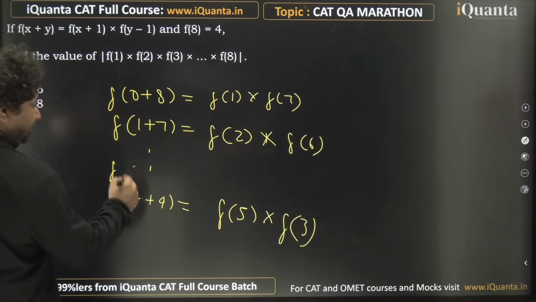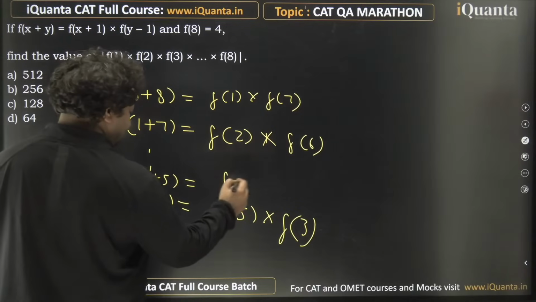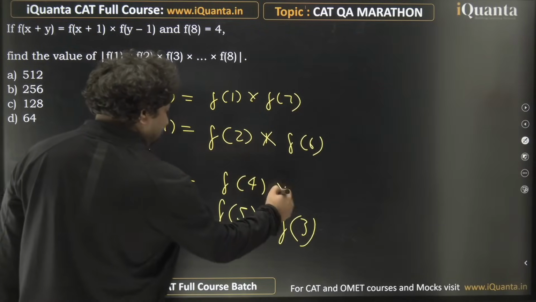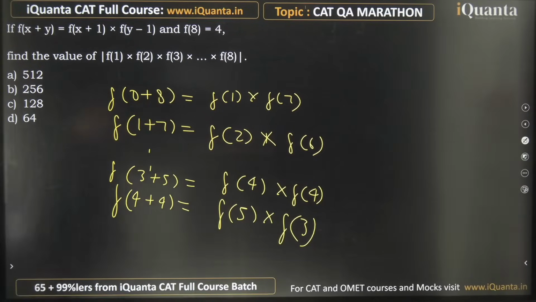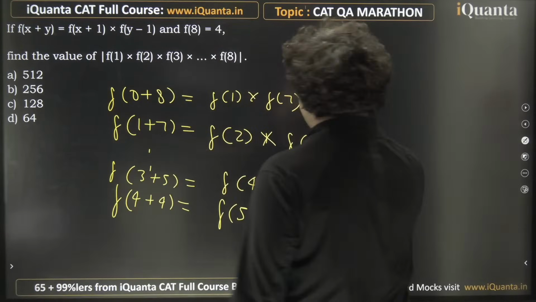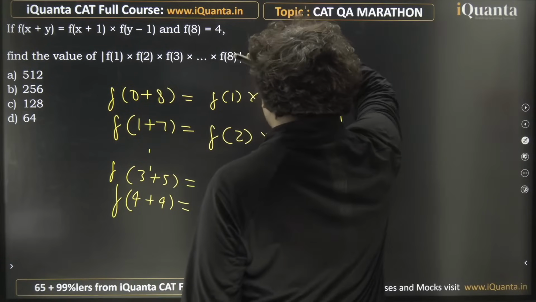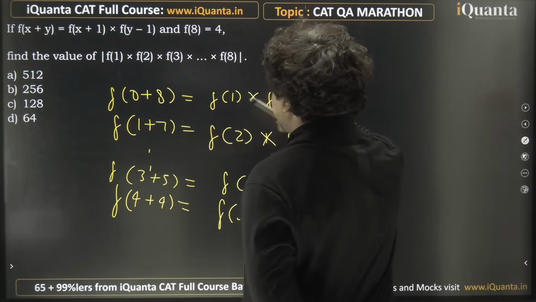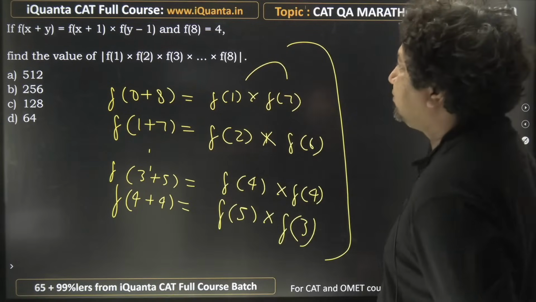F of 3 plus 5 is also there, I will do that. What do I get here? f4 into f4. That is what we get over here. Okay, so we need to find the value of the multiplication of this whole. As you can see, f1 into f7, f2 into f6, all of this is coming to one particular element.